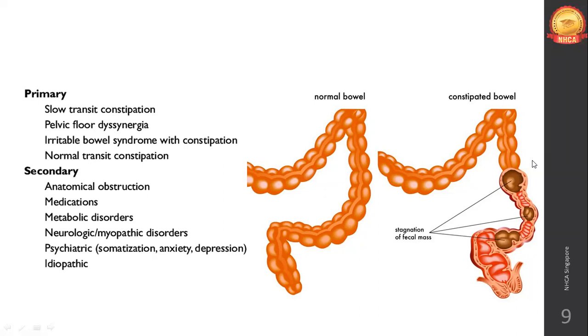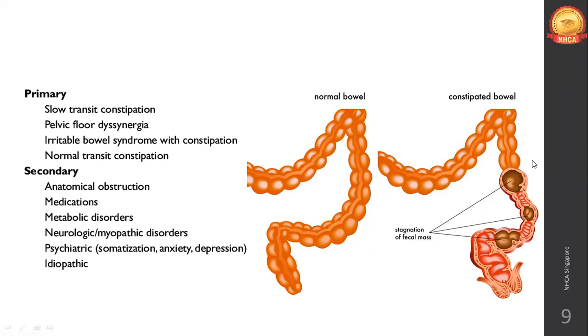Primary reasons for spastic constipation are, first of all, slow peristalsis. Okay, pelvic floor dysynergia, like there is no synergy in which the muscle tone works. There is no synergy in which the peristalsis movement is working. In peristalsis, if one part is contracting, the very next part has to be relaxed.